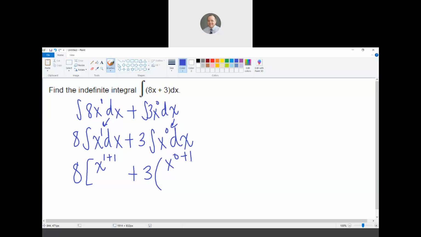And instead of moving the original exponent to the front and multiplying it by a constant, you do the opposite. The opposite of multiplication is division, meaning here we'll divide each antiderivative by our new exponents.